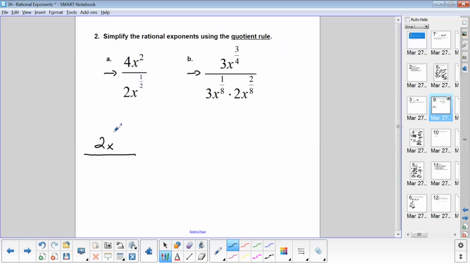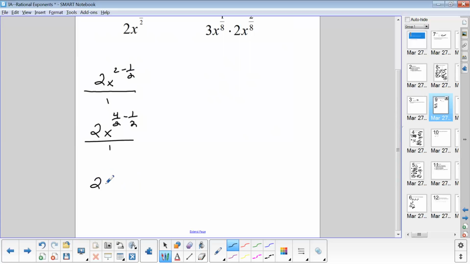x to the second, take away 1/2. Well, I can say that 2 is the same as how many halves. So we would say 2x to the 4 halves minus 1/2, and all that would be 2x to the 3 halves.